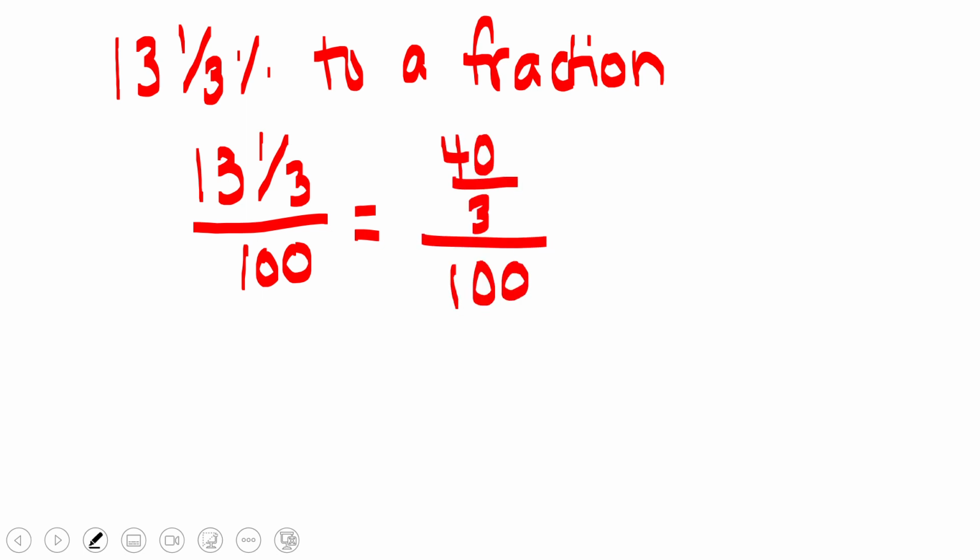Divided by 100. Get rid of your denominators here. Okay, we're going to multiply that by 3 on the top and the bottom. Cross cancels. And we're going to get 40 over 300 here.